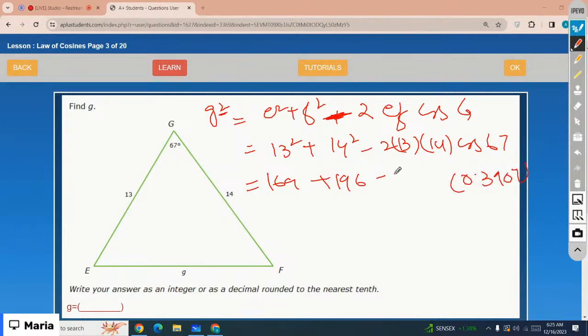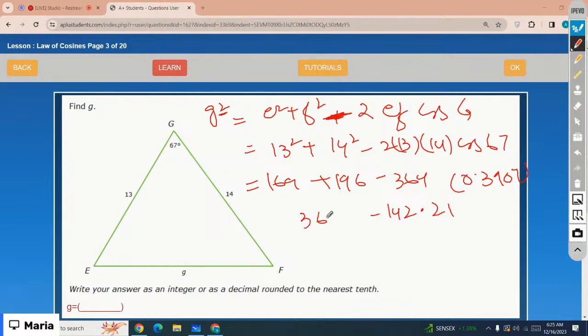So 364 times 0.3907 equals 142.21. So 169 plus 196 is equal to 365.